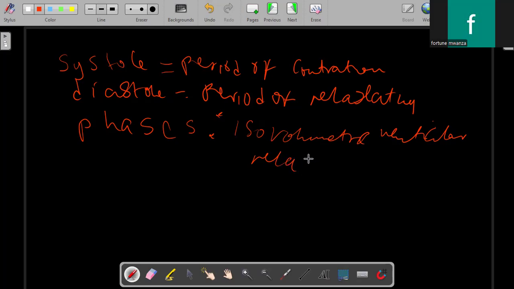Remember, phase 3 was called isovolumetric ventricular contraction. Now phase 5 is going to be called isovolumetric ventricular relaxation.